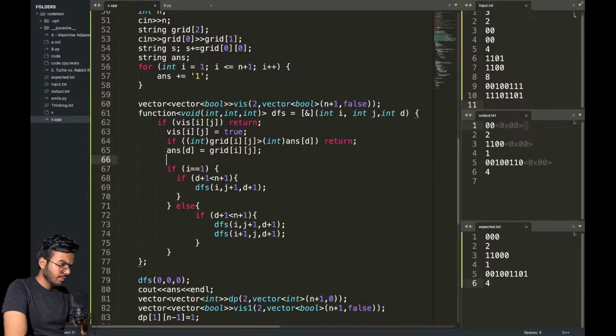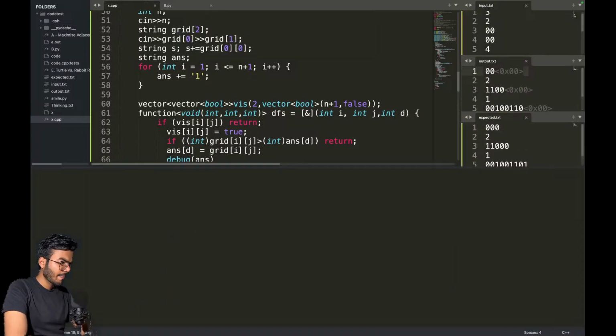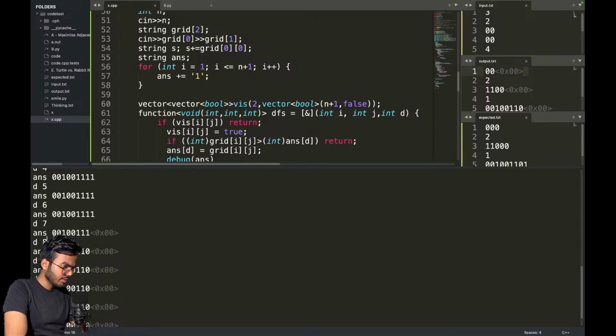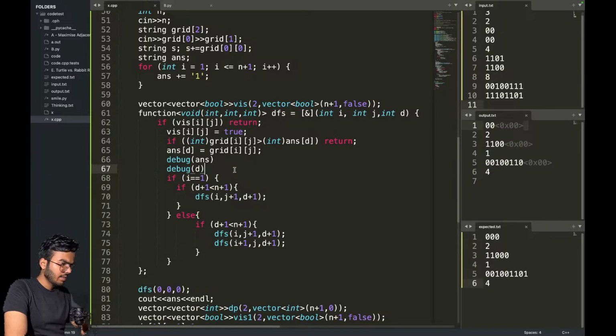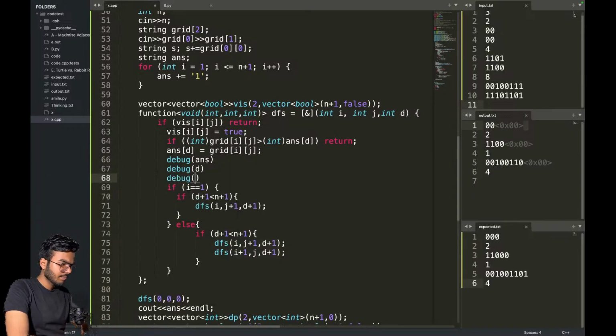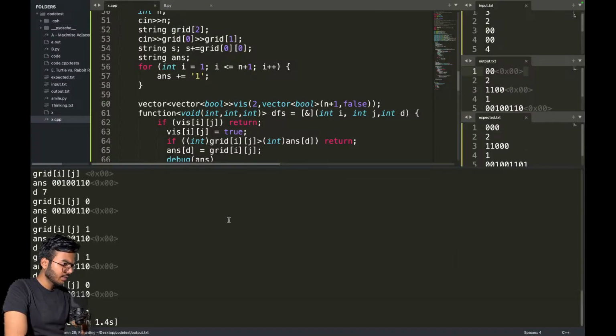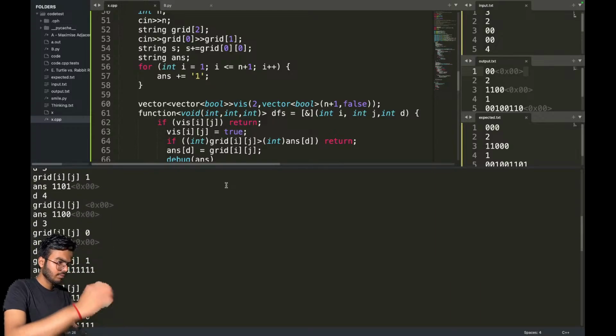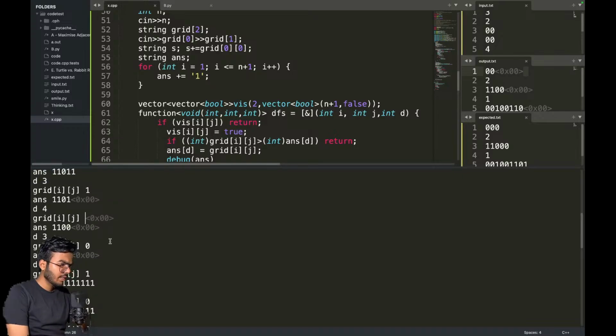So I will say let's debug the answer, and let's also debug the D. So at D equals to 8, so 0 1 2 3 4, I have grid ij is something different. Okay. Why am I getting this?